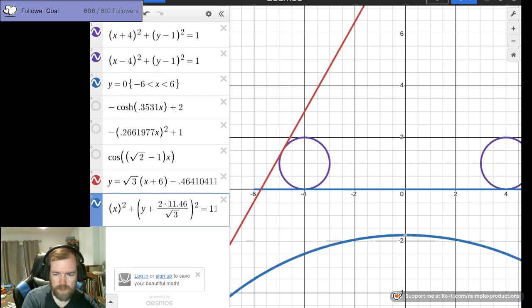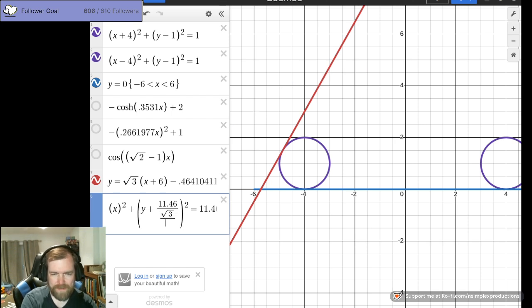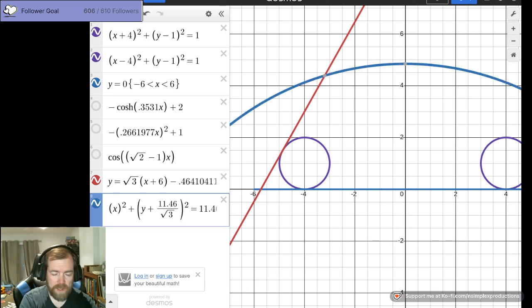And this is going to be 2 times that. Nope. Damn it. Yeah, no, it's just the same place. I knew it was going to be the same place.